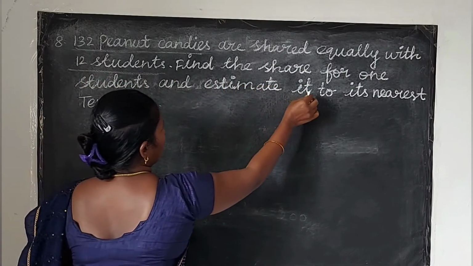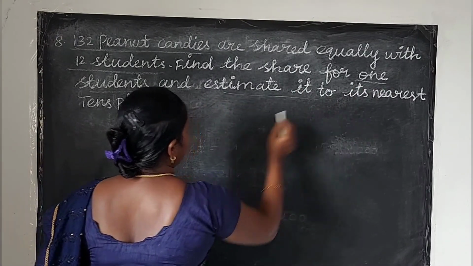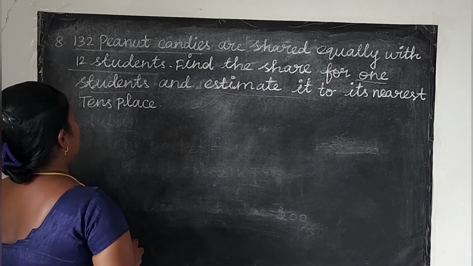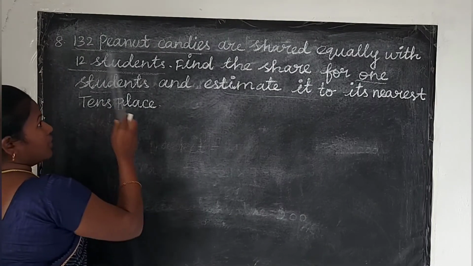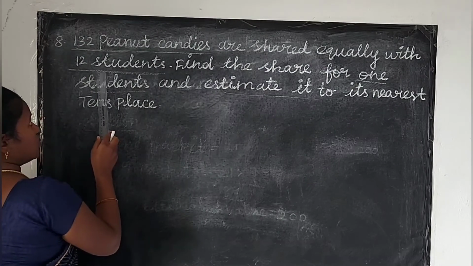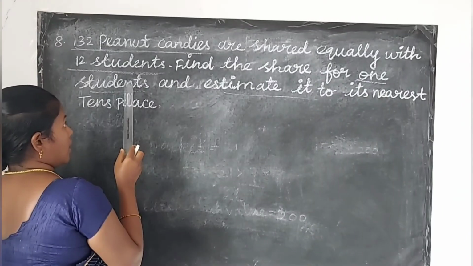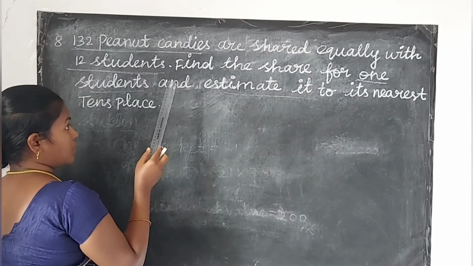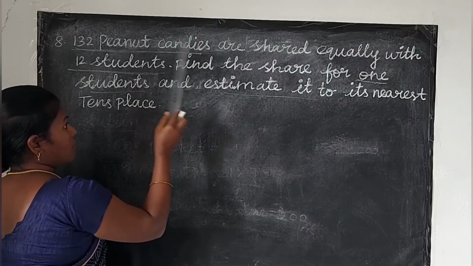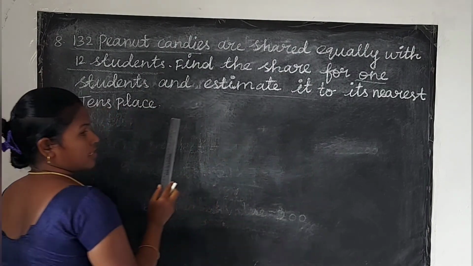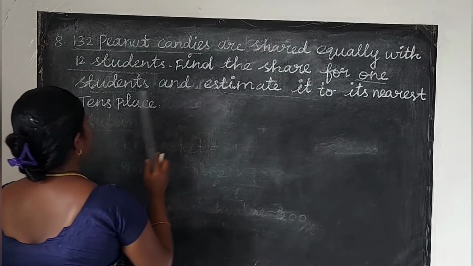We have to find one student's share, and the total value is given, so the sum is division, and then we have to find the nearest tens place value.